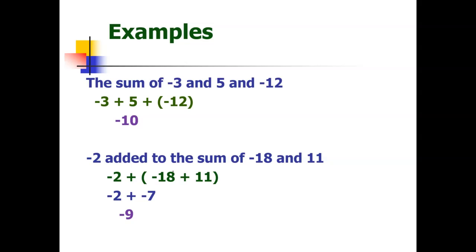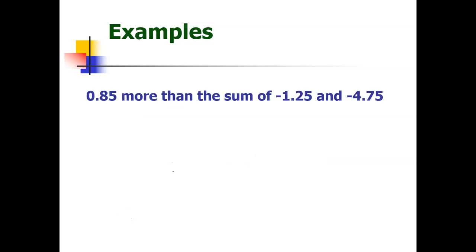Let's try one more example. 0.85 more than the sum of negative 1.25 and negative 4.75. In this case, I'll put the parentheses around negative 1.25 and negative 4.75 because I'm going to add those first.